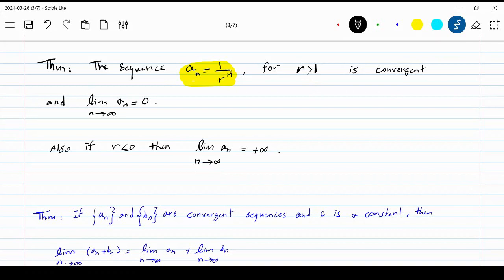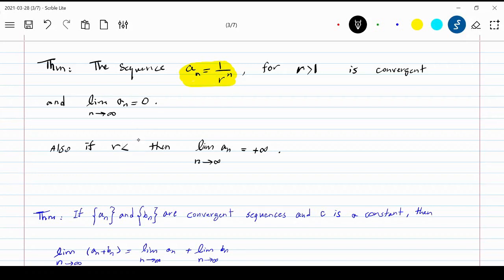Yeah, so if the denominator is greater than 1, then what you have is simply a convergent sequence. So if you have 1 divided by 2 to the power n, that would be a convergent sequence. If r is less than 1, then this is going to be divergent.